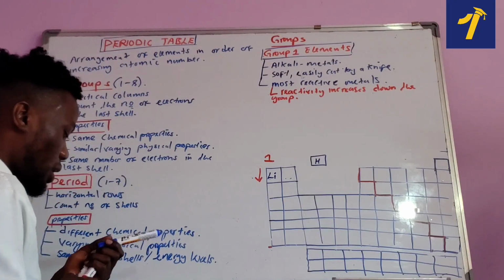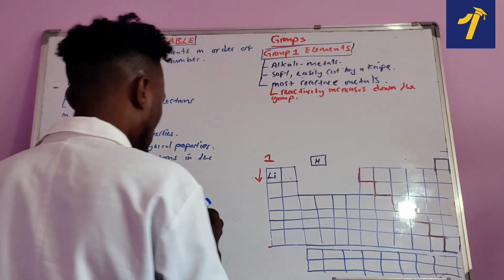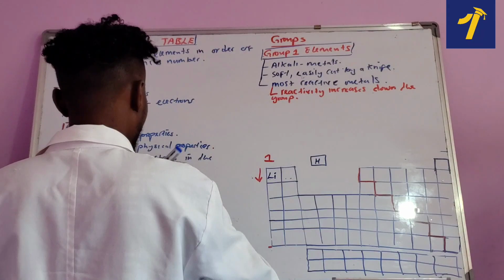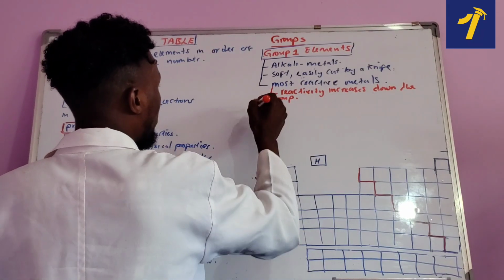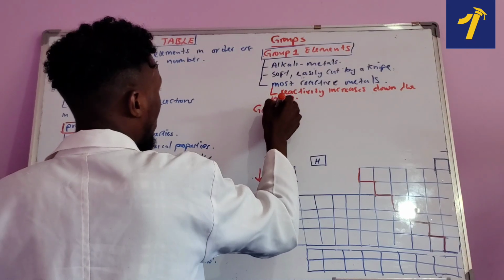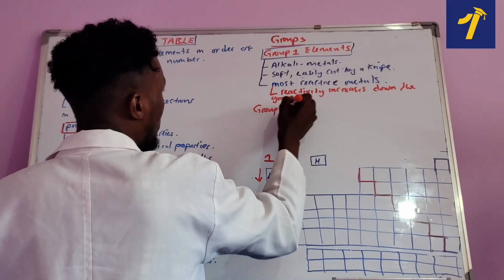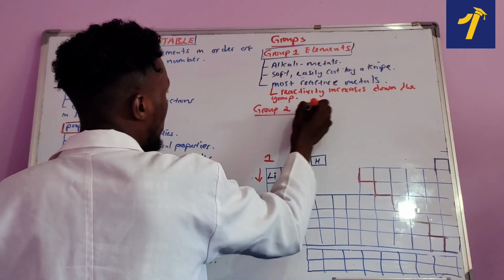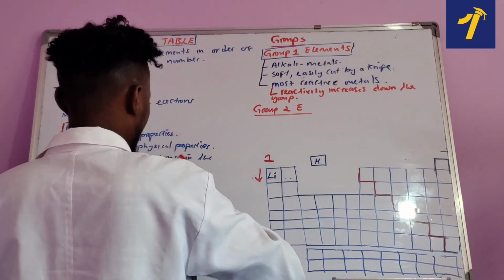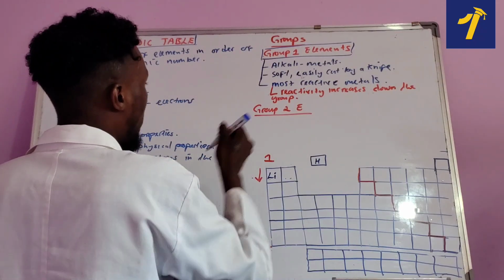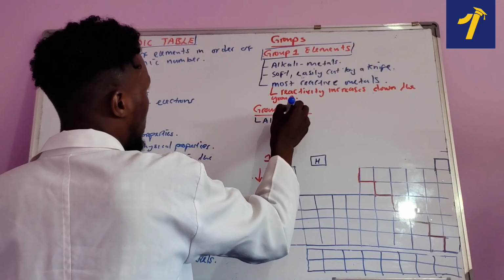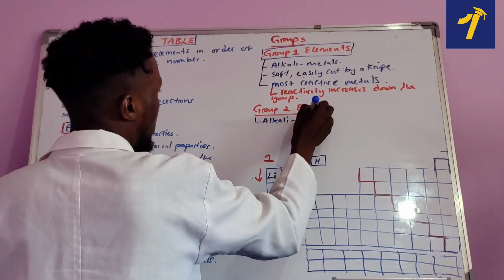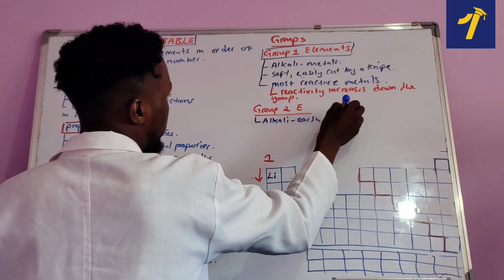All right, so now we go to group 2. So group 2, I'm just going to say a few things. Group 2 elements, these are also called what? These are called alkaline earth metals.